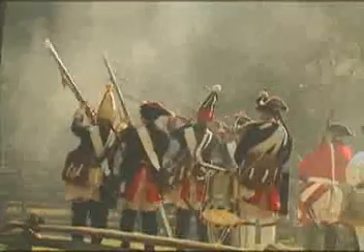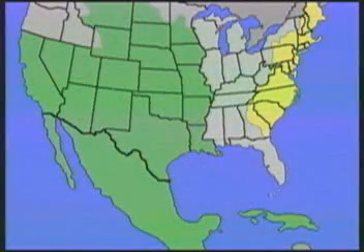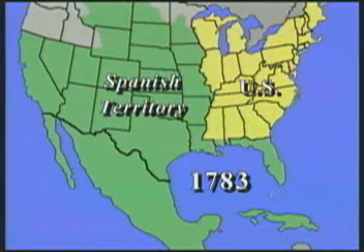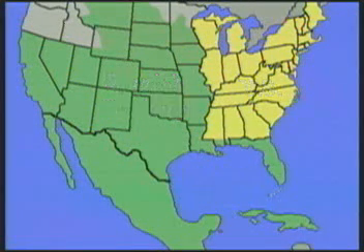However, as a result of the treaty that ended the Revolutionary War, the U.S. gained a vast amount of land that had never been part of the original 13 colonies. This brought the edge of the United States right up to the lands controlled by Spain.